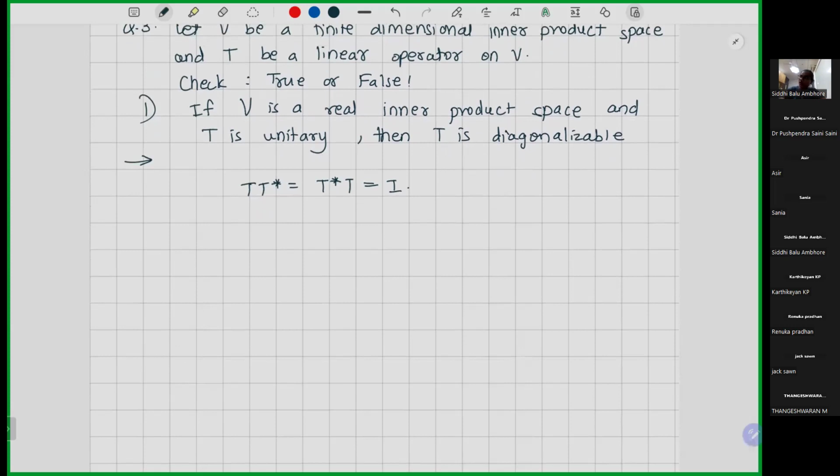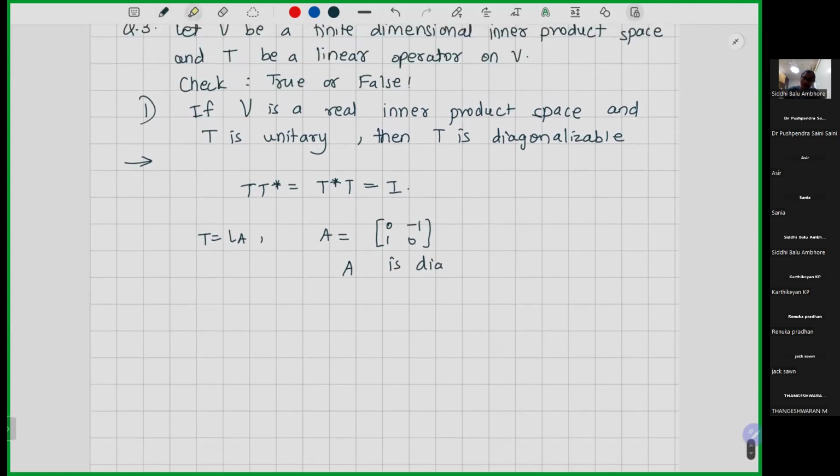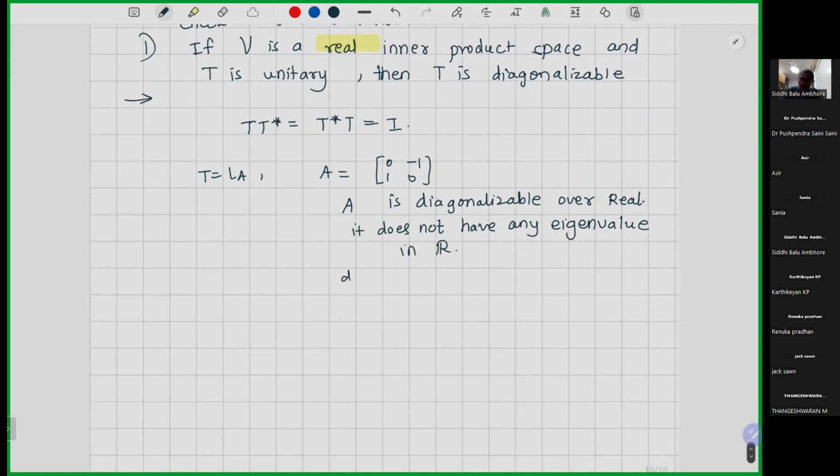Okay, so this is not true in general. Again, I will be giving an example with matrices. We know that this matrix A is not diagonalizable, since this is real, so this is not diagonalizable over real, since it does not have any eigenvalue in R. Because the determinant of A minus lambda I will be lambda square plus 1.